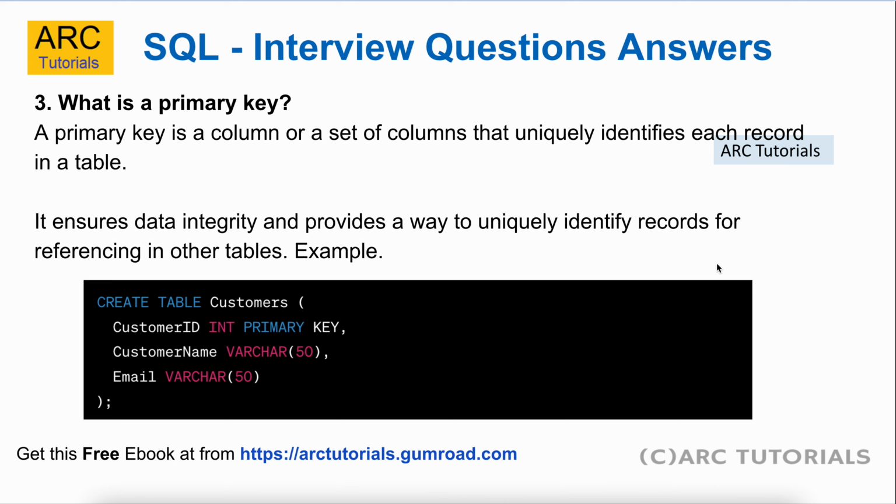The next is, what is a primary key? A primary key is a column or a set of columns that uniquely identify each record in a table. It ensures data integrity and provides a way to uniquely identify records for referencing in other tables. Remember, whenever a table is designed, it should have at least one primary key.